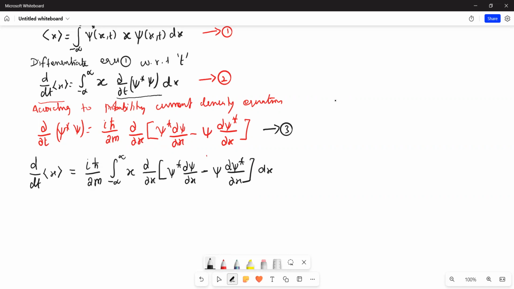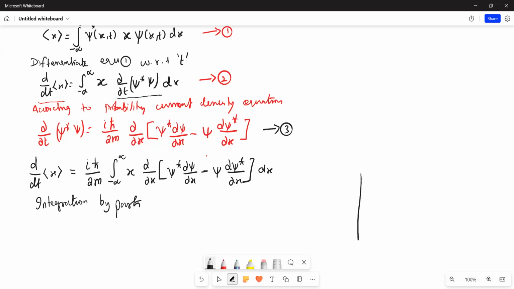Now we just simplify this equation by using integration by parts.